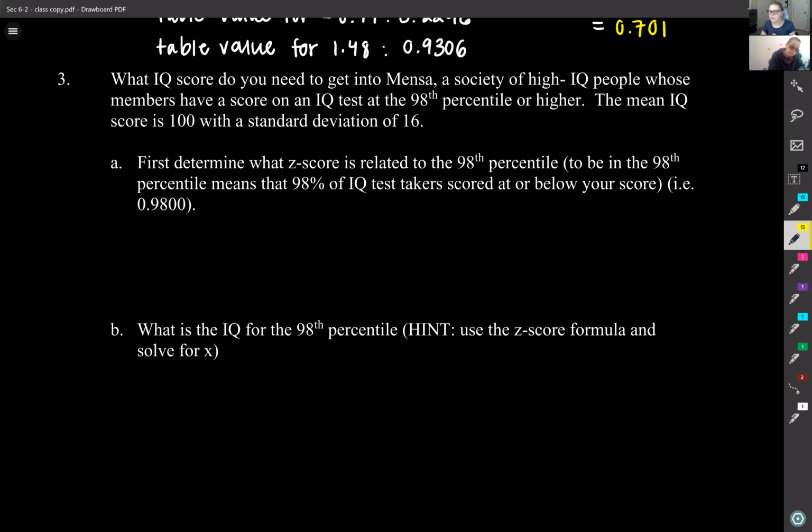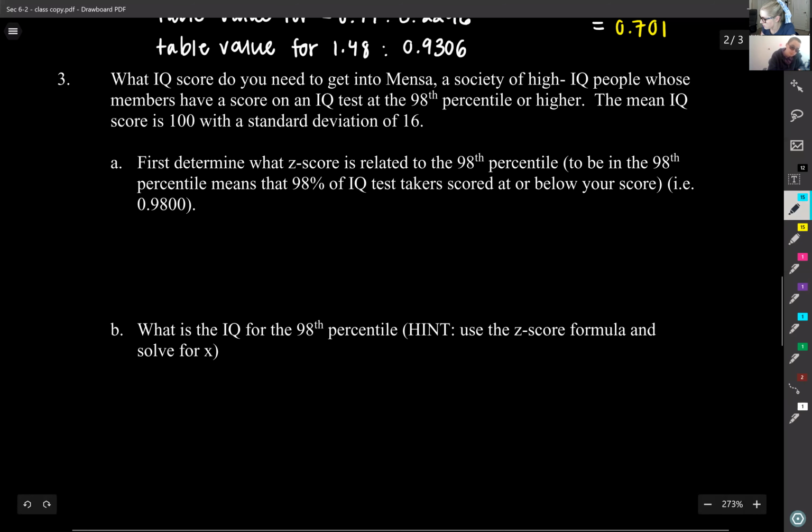So a lot of the same information is given here. Right off the bat, we have the mean. Man, my little app is really having a hard time. Let's try a yellow highlighter. Okay, like that one. The mean IQ score is 100, and we're told that there's a standard deviation of 16. Okay, so that will be helpful.